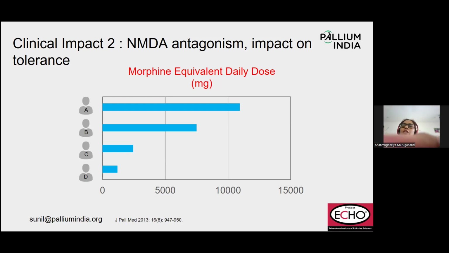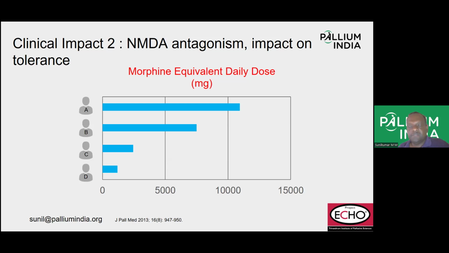They have developed tolerance. Sorry, can you speak a little louder? They have developed tolerance. These patients have developed tolerance to morphine. I couldn't hear you properly. If they have developed tolerance to morphine, that's what she's telling.